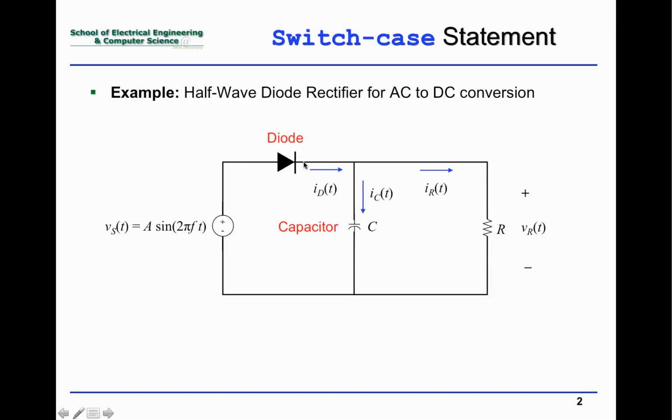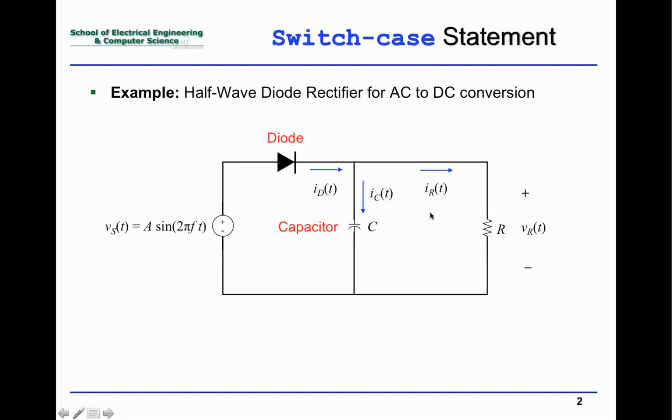Since the diode only allows current to flow in one direction, the capacitor is discharging through the resistor, and what we'll see is that the voltage across the resistor gradually drops off as the capacitor discharges. Eventually the sinusoidal voltage source builds up again and turns on the diode, and again charge builds up across the capacitor and voltage across the resistor.